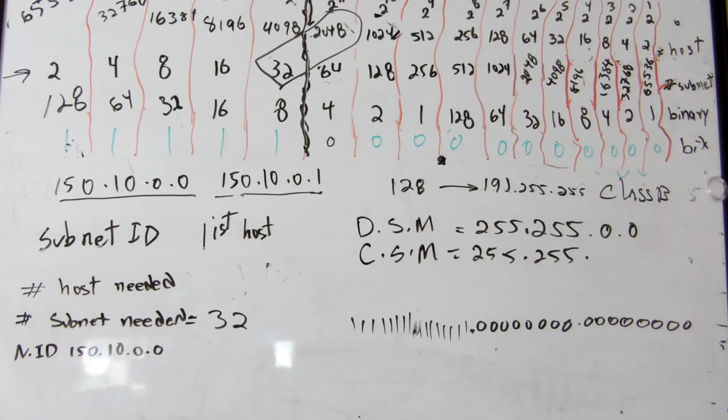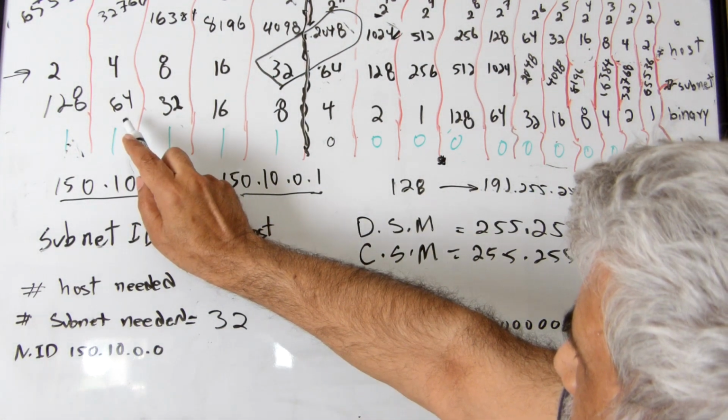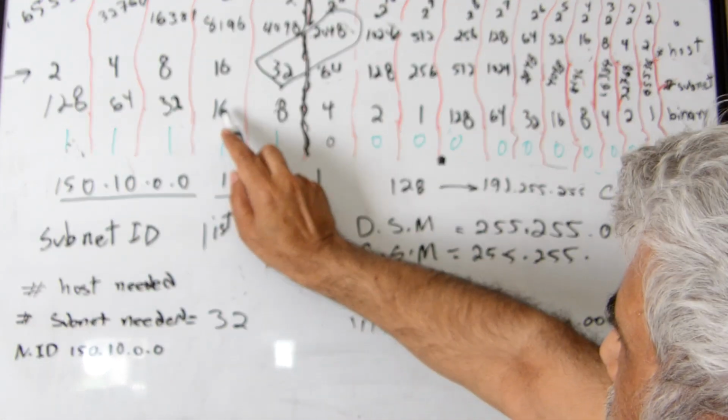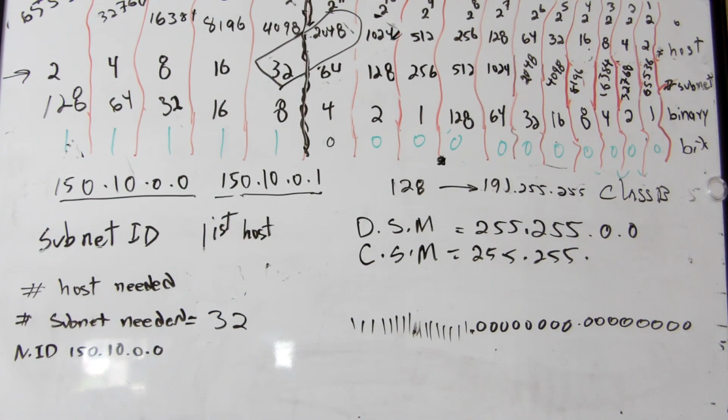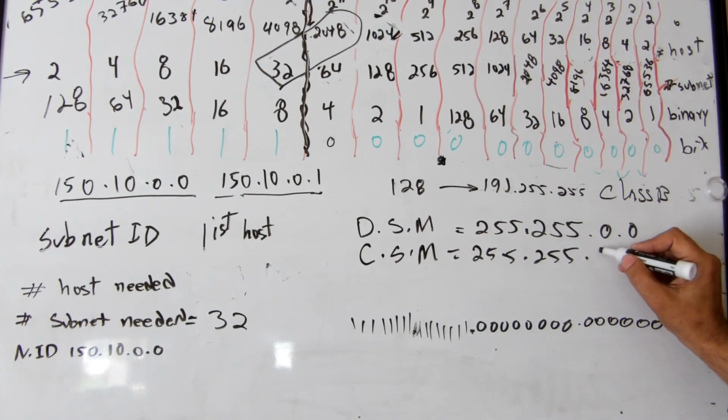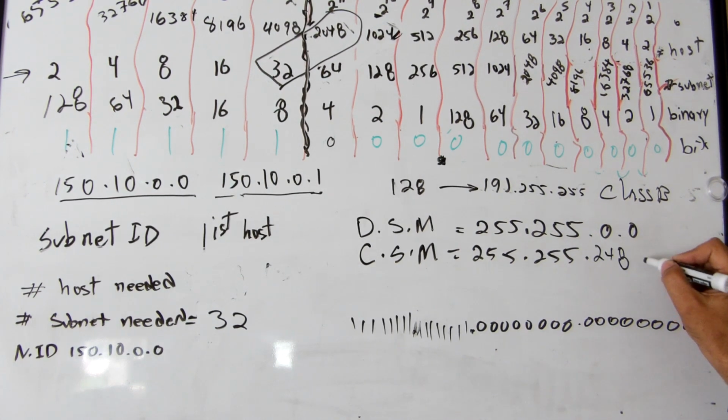So you have to write the subnet mask: 128 plus 64 plus 32 plus 16 plus 8. There are 5 ones, so it's going to be 248.